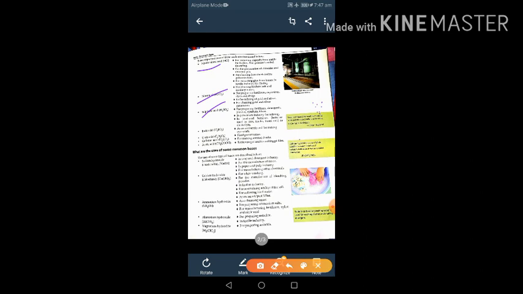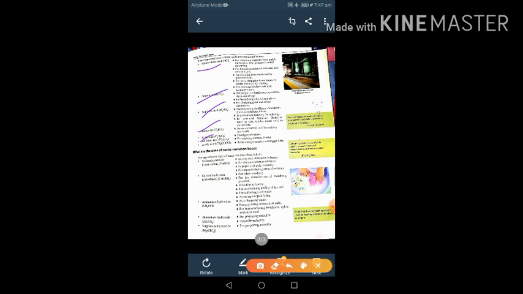Now uses of boric acid. Boric acid we use as an antiseptic and for making eye wash. When dust particles are in your eye, we use boric acid. Now citric acid. Beta, you know that we use citric acid for food preservation.